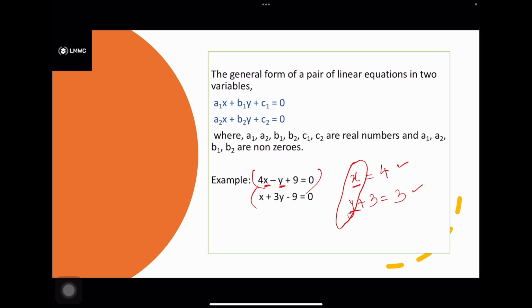And if you have a pair of it, which means that the second equation also contains the same variables x and y, then this will become a pair of linear equations in two variables.